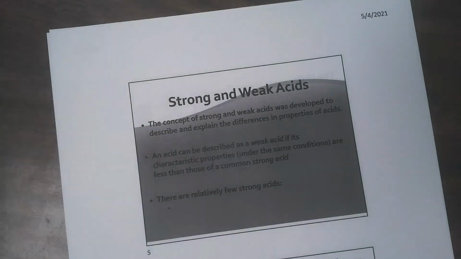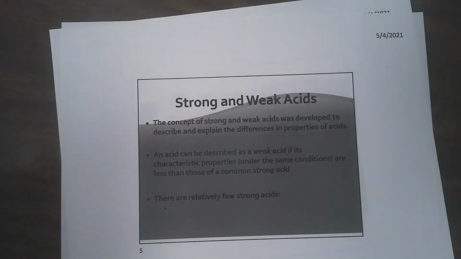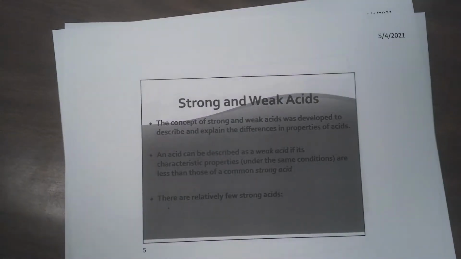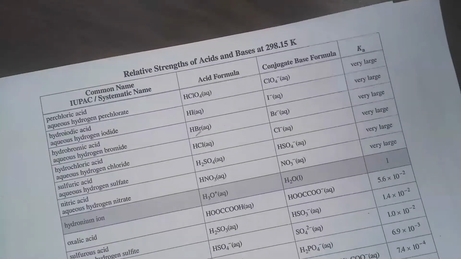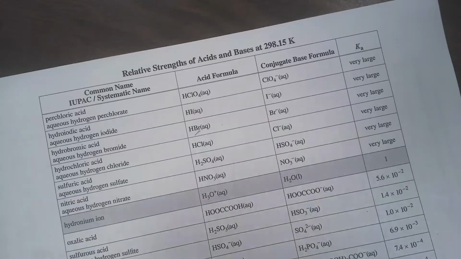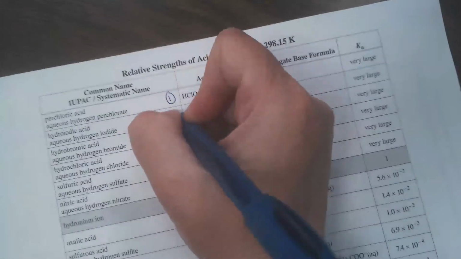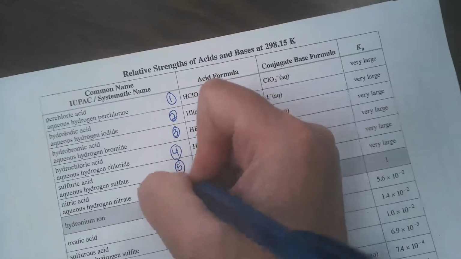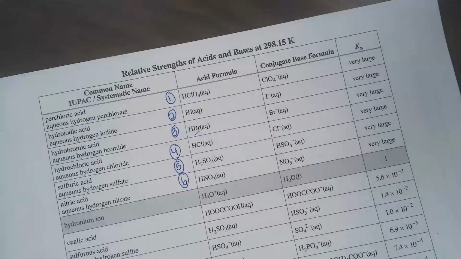There are 6 strong acids that we deal with. Some of you made yourselves familiar with the acid table when you were learning how to name acids, which is fine. But this is page 8 to 9 of the table, and it says relative strength of acids and bases. And these 6, 1, 2, 3, 4, 5, and 6, are what we call the 6 strongest acids.